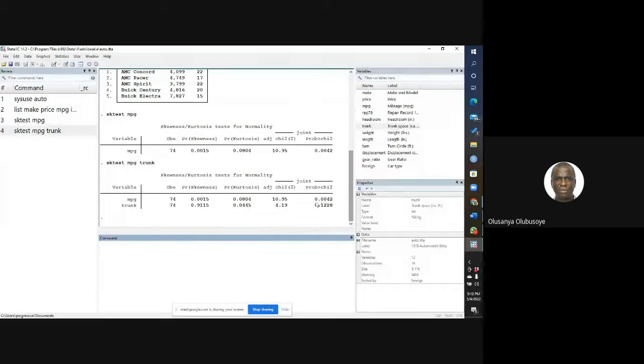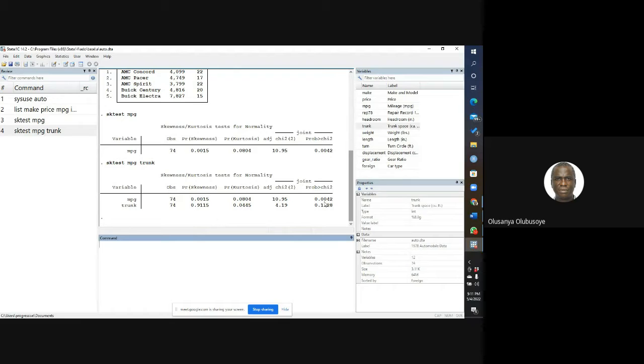The most important in this result is this value, which we call the p-value. If this p-value is smaller than your alpha level, your level of significance, that is when you reject the null hypothesis.